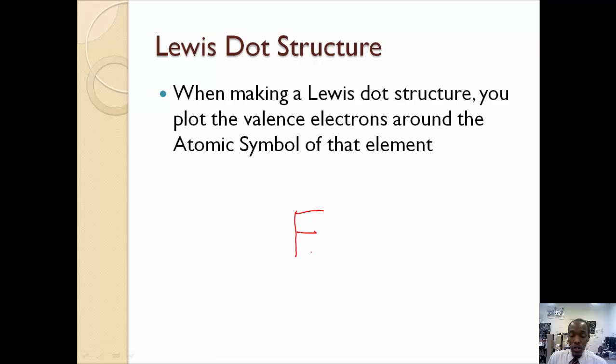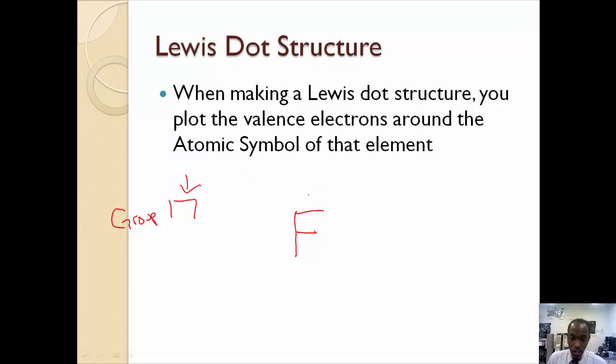Fluorine we know has an atomic number of 9, and based off its group, we know it's in group 17. And so remember, when we look at valence electrons, we look at that second digit for double digits, and so we should have 7 valence electrons.